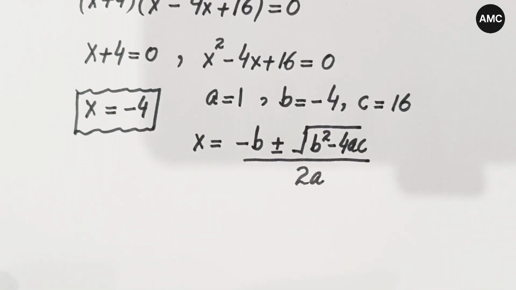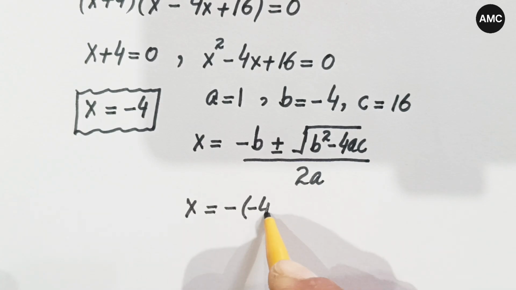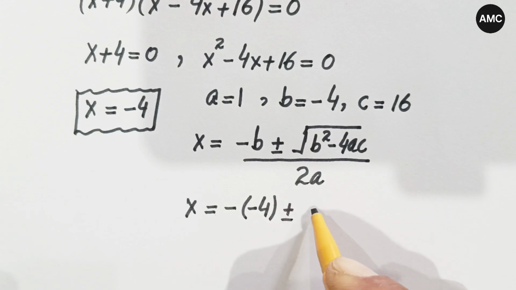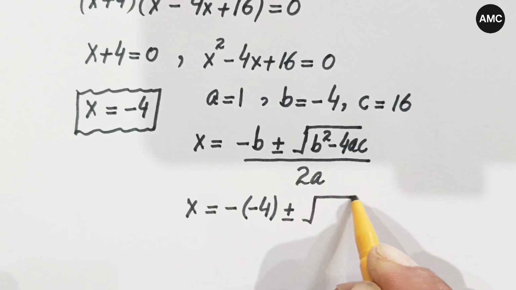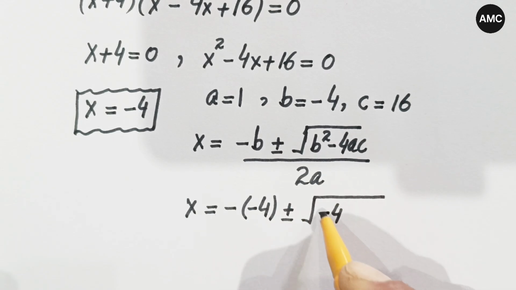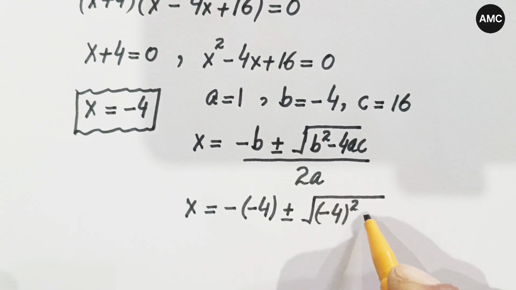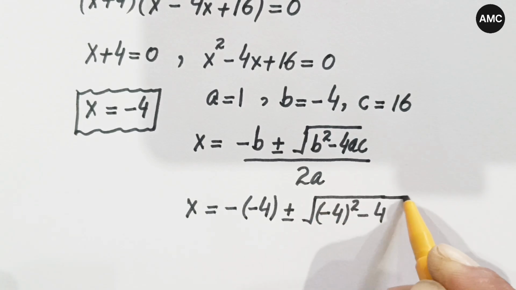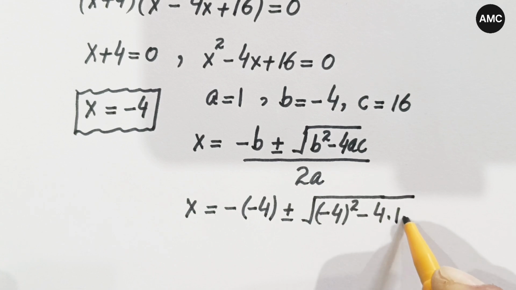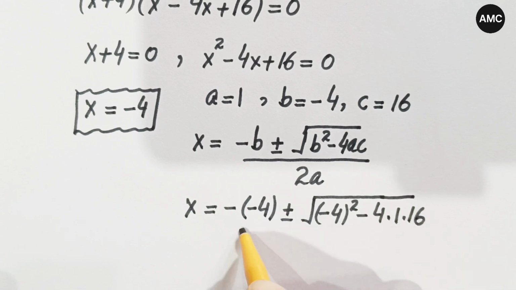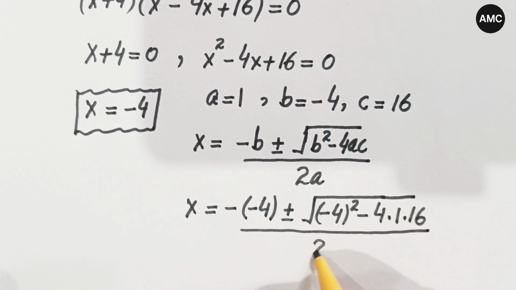So applying the values of a, b and c, it will be minus times minus 4 plus minus square root of minus 4 squared minus 4 times a is 1 and c is 16, all over 2 times a is 1.